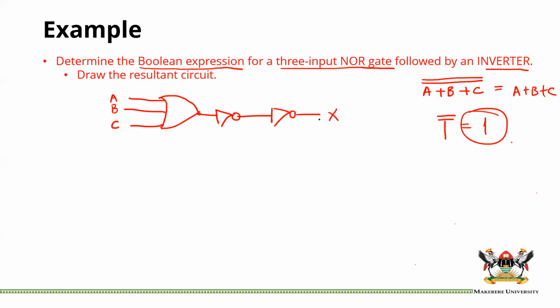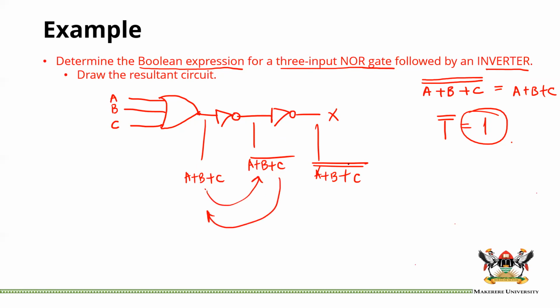So at this point, I have A or B or C. I invert it, I get NOT of A or B or C. I invert that again, I get back A or B or C. Actually what it means is that if I had this one and I inverted it to that, if I invert it again, it goes back to that, meaning that this double inverter goes away and I end up with A or B or C.